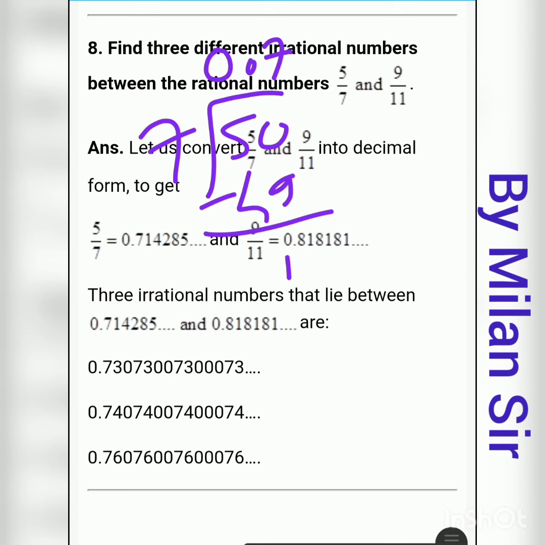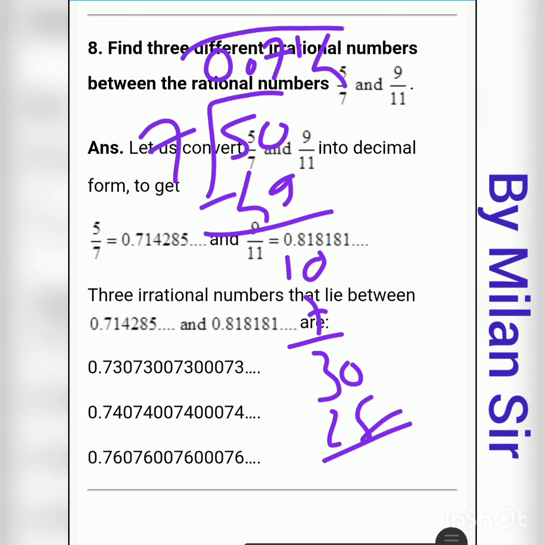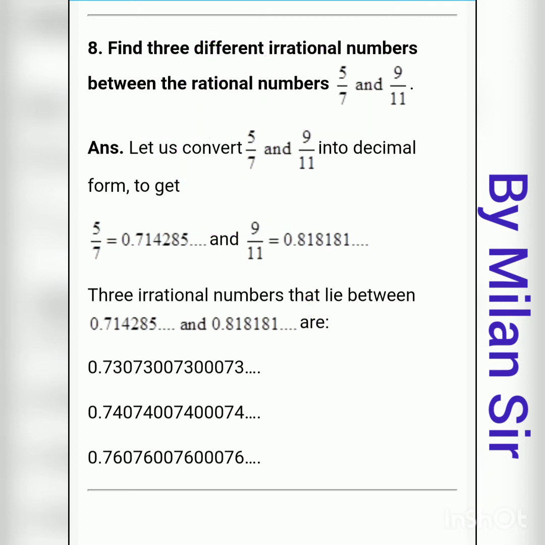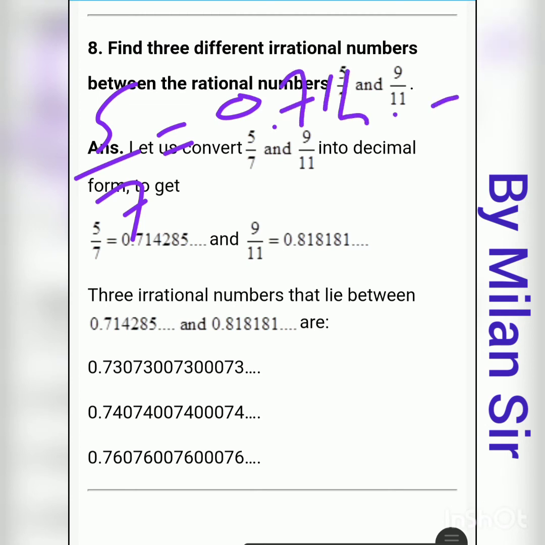Do the division process. 7 1s are 7, remainder 3, 30, 7 4s are 28. We do not need to complete this division process. If we get 3 digits after the decimal point, that is okay. So 5 by 7 is 0.714 something.